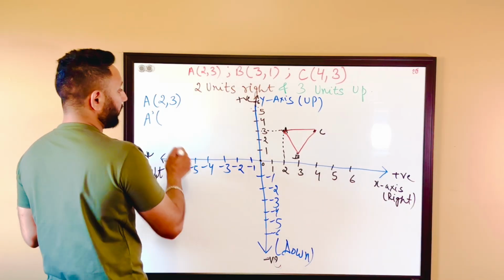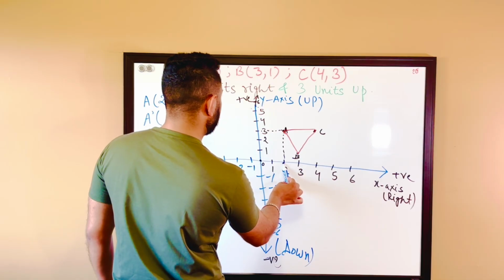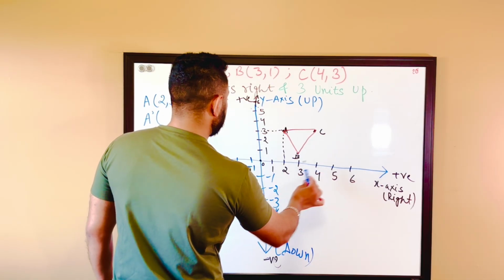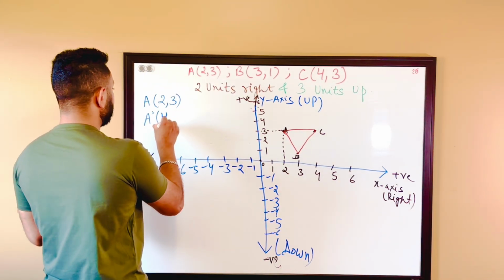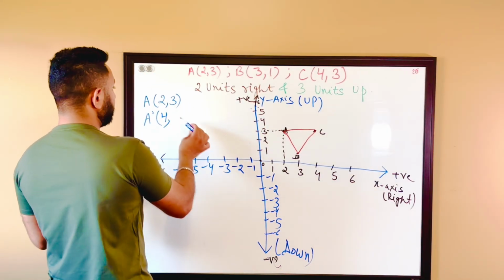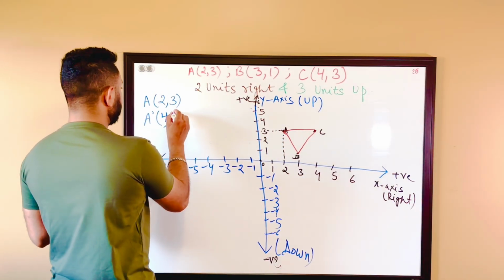Here it's 2, so 2 units to the right is going to be 4, that means 2 plus 2, 4. And 3 units up means 1, 2, and 3. So this is going to be 6.